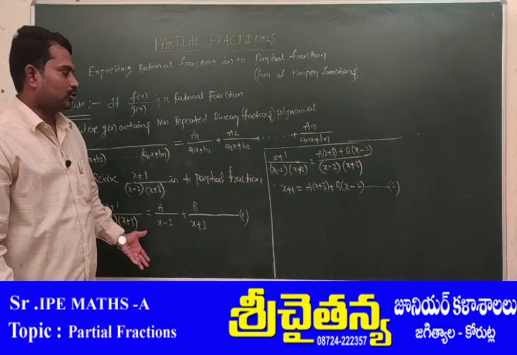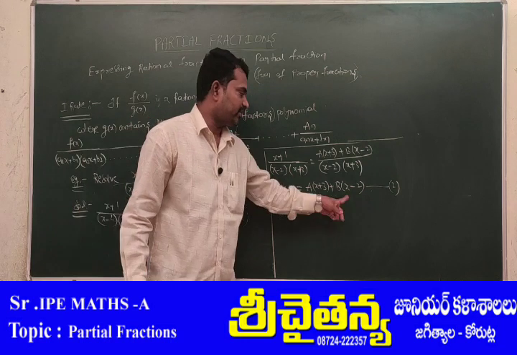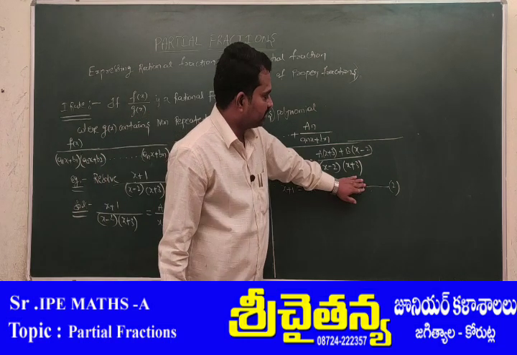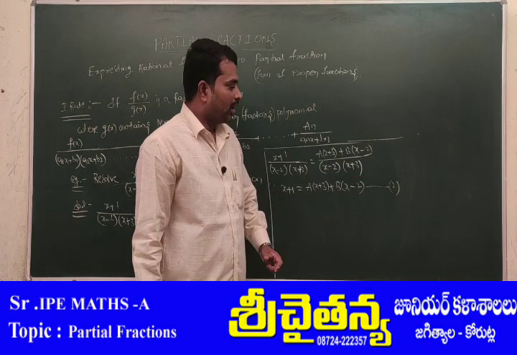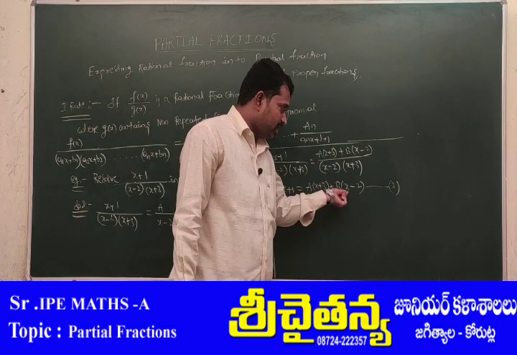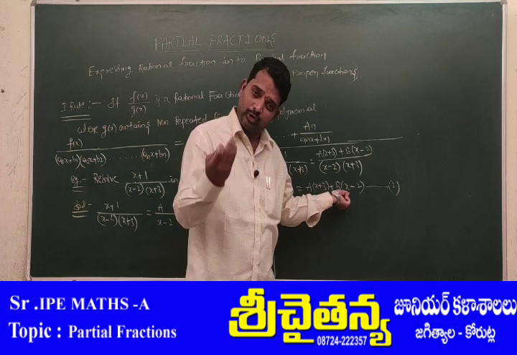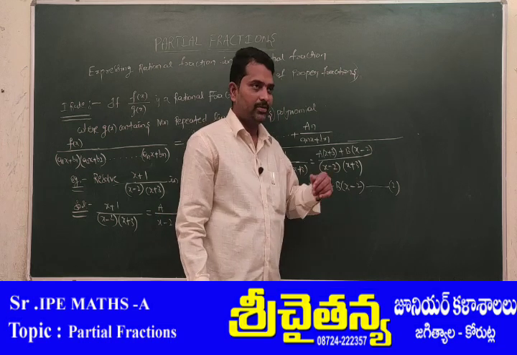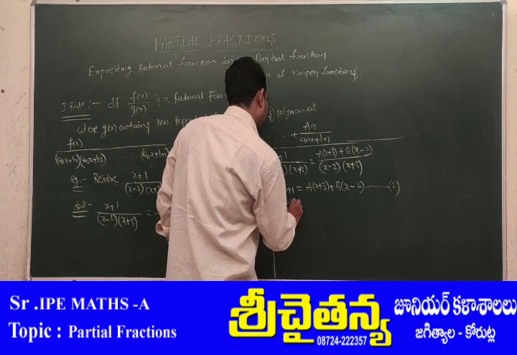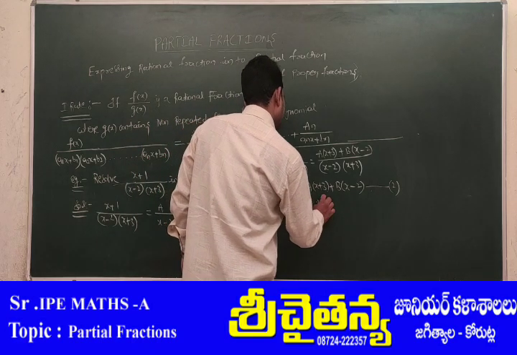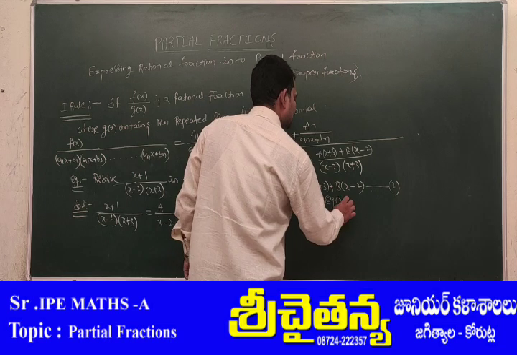Now what do we have to do? We have to find the values of A and B. When finding the value of A, make the B term completely 0. When we substitute x equals 2, this term totally becomes 0, and we get the value of A. That means substitute x equals 2 in equation number 2.